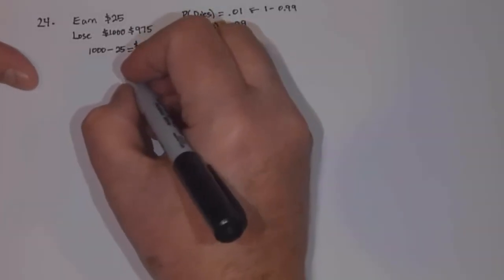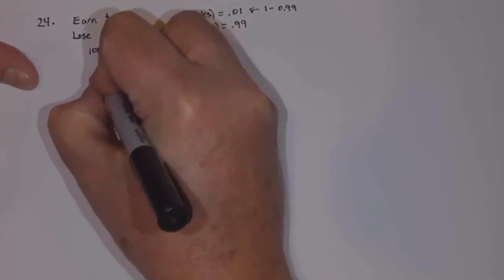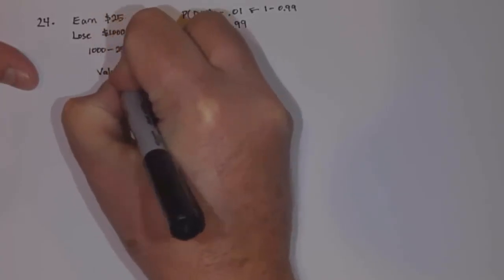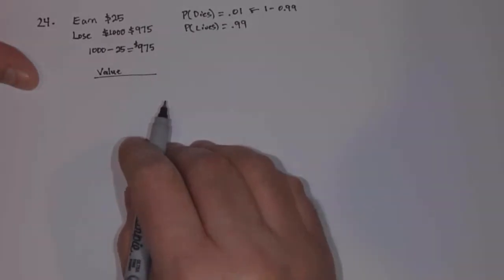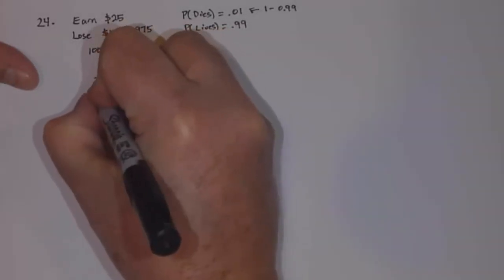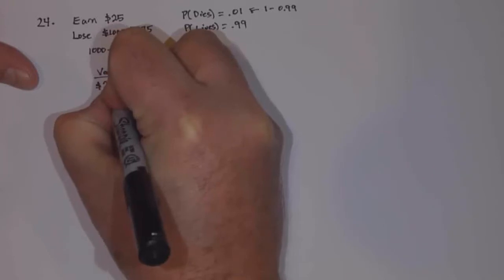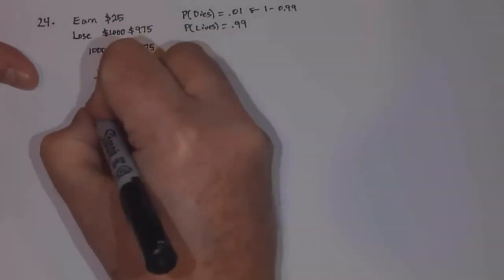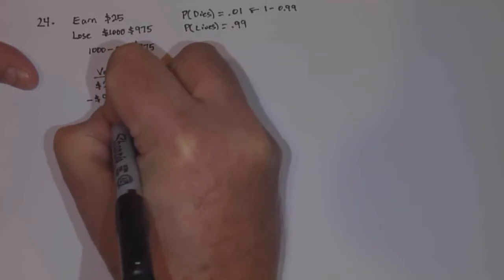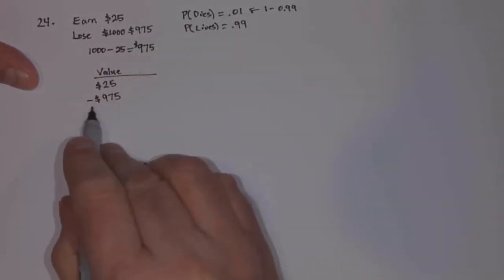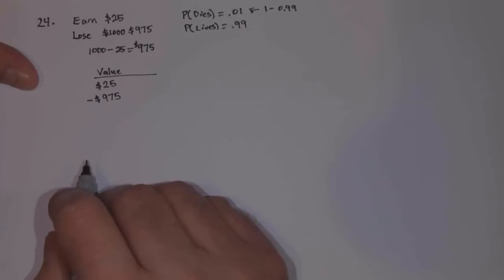So what I'm getting at is this. There are two values that are going on here from the insurance company's perspective. Either the insurance company makes $25 or they lose $975, and since they're losing that, I'm going to write that as negative 975.